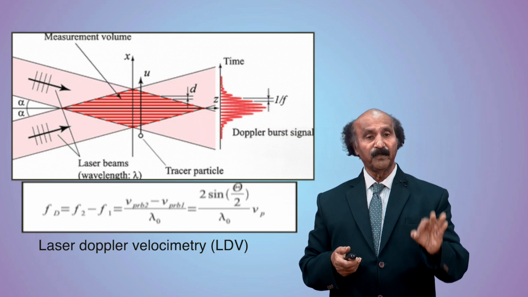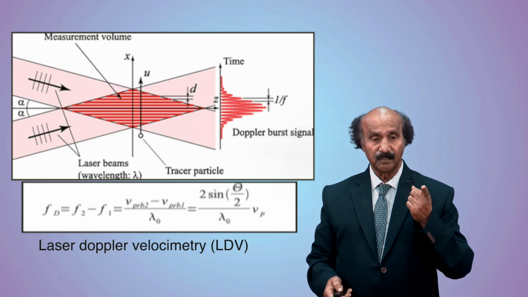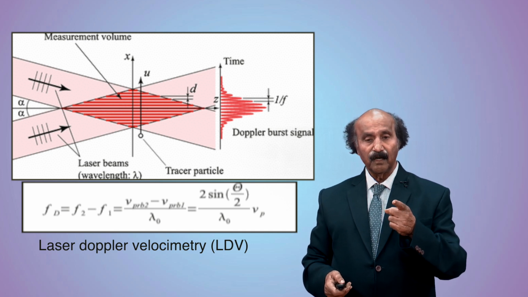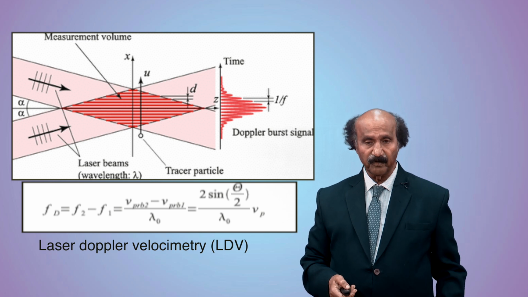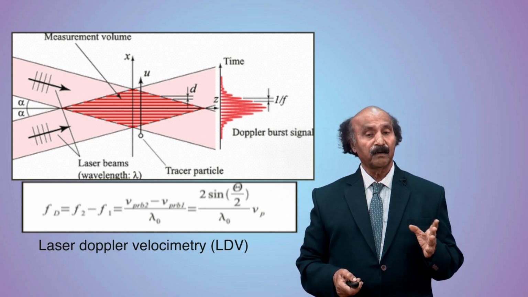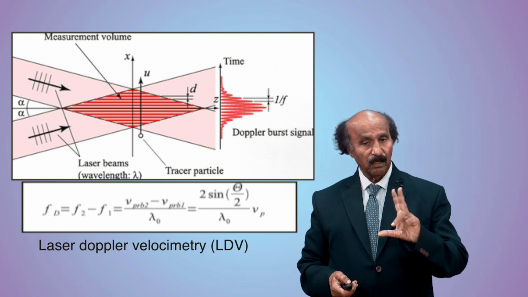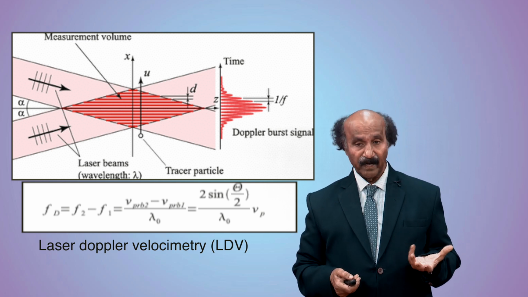The shift in the frequency of the laser beam is used, and the formula is this. The velocity of the fluid V is delta nu d, which is the shift in frequency, called the Doppler shift in frequency. Lambda naught represents the wavelength of the laser, which is given. N naught is the refractive index of blood.